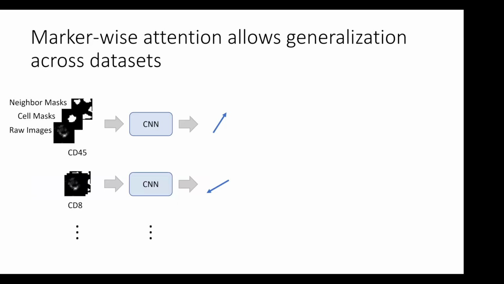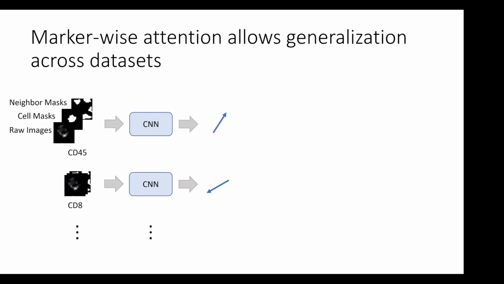Okay, and so generalization requires changes to deep learning model architecture, so that you actually have models that can access the full information content of these data, and that's really getting at being able to learn the correlations that exist in signal across different markers, but then also can generalize across these different data sets.